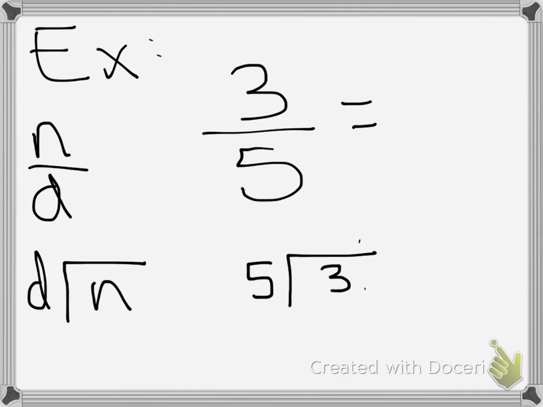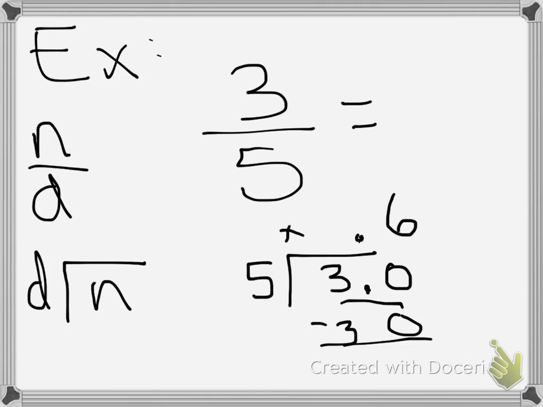I'm going to start by putting some decimal points in and adding a 0, because 5 cannot go into 3, but it can go into 30, right? 5 times what gives you 30? Well, 6 times 5 gives you exactly 30.